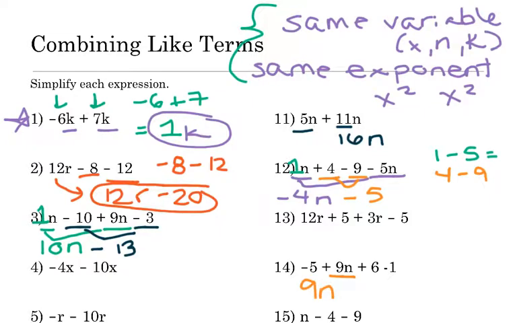And then the remaining 3 are actually all just numbers and can go together. If you've got a calculator, or if you want to do it in your head, totally fine. Negative 5 plus 6 minus 1 can all go together, and that actually gives you 0. So instead of tagging on a plus 0, you can just leave your answer as 9n.